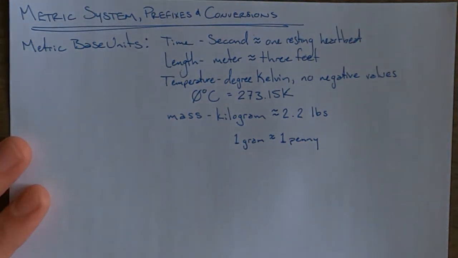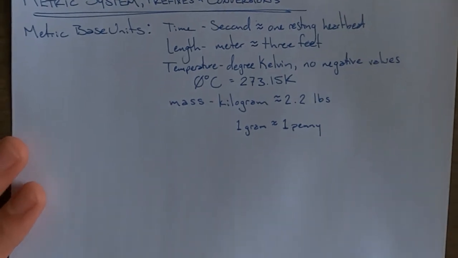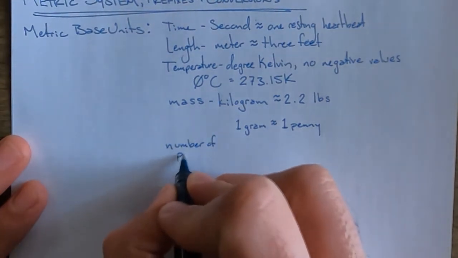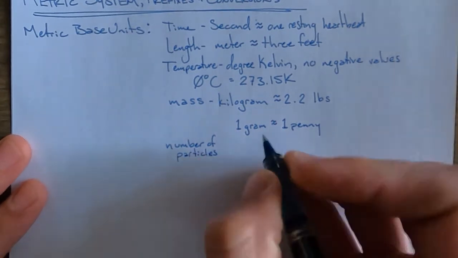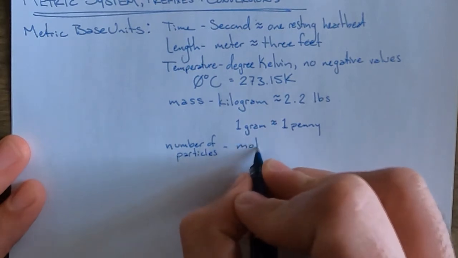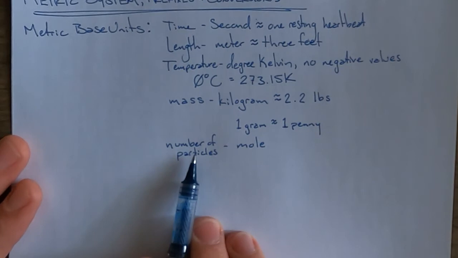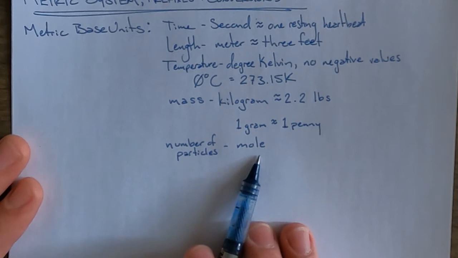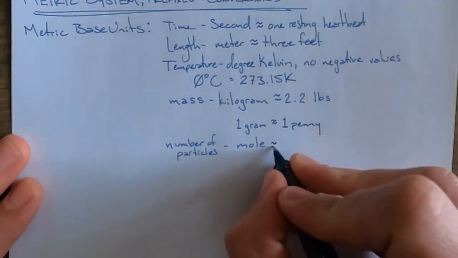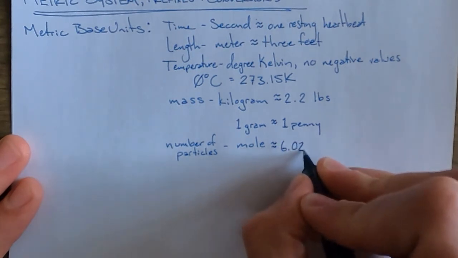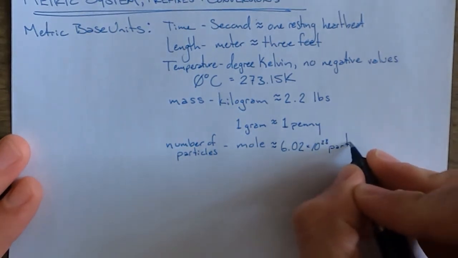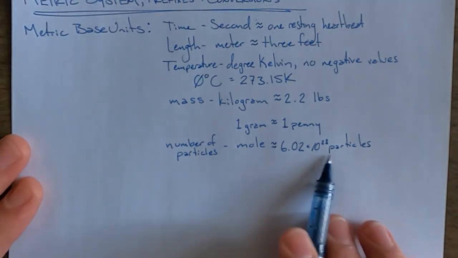Another metric base unit that we'll use would be the number of particles, or the number of things, a counting number. And to measure the number of particles, because particles are so small, is a unit called mole. And 1 mole of something is this many of those particles.